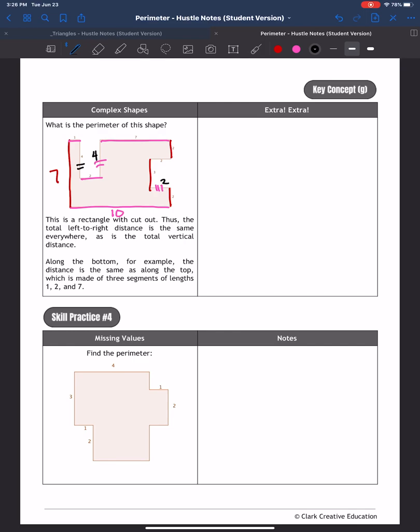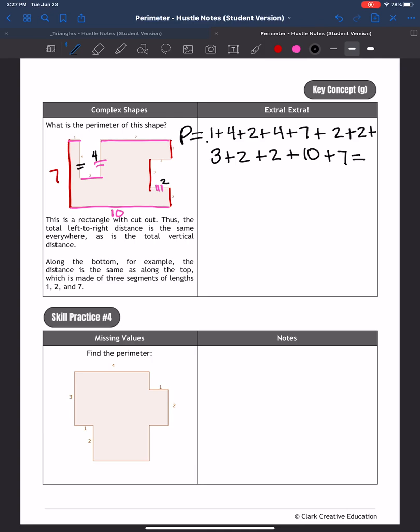So I'm going to start at the top and work my way clockwise around. I have 1 plus 4 plus 2 plus 4 plus 7 plus 2 plus 2 plus 3 plus 2 plus 2 plus 10 plus 7. I'm going to add all those up. Perimeter equals, I'm just adding all my sides.